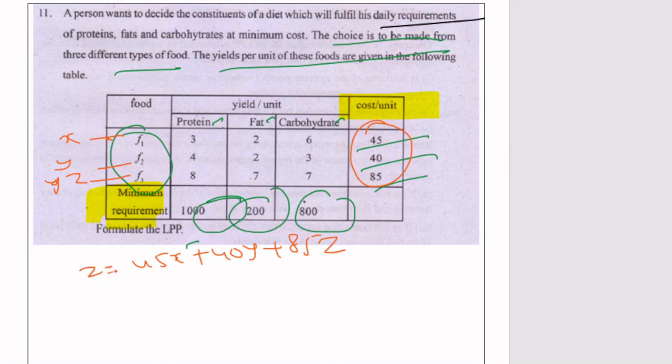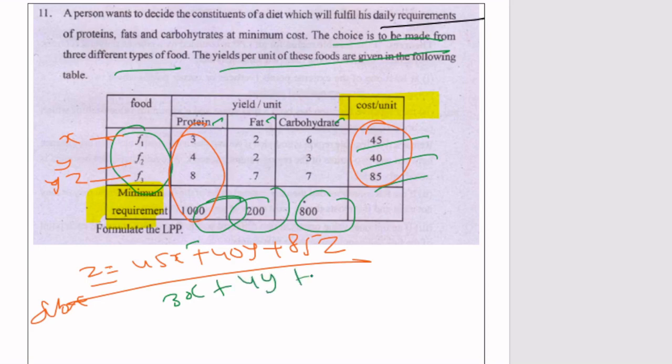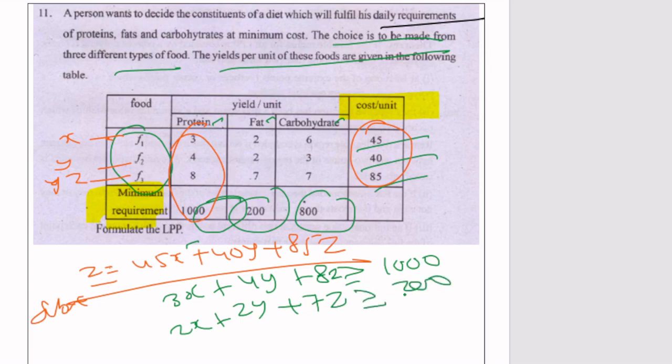This you have to minimize, and subject to what? What is the availability? Subject to 3x plus 4y plus 8z. This is the maximum availability, so it should always be greater than or equal to 1000. Similarly for fat, 2x plus 2y plus 7z greater than or equal to 200.